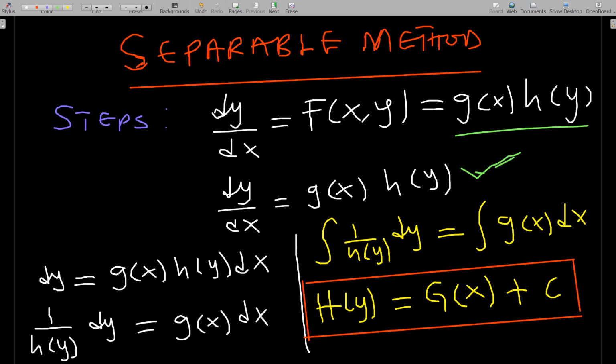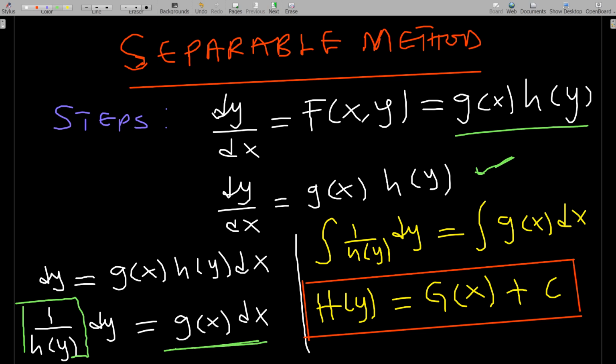If I multiply through by dx, I have dy equals g of x h of y dx. But I have h of y on the right side, and I want only x stuff there. So all I have to do is divide through by h of y, and I'll get 1 over h of y at the left side, and I'll be left with g of x dx at the right side.